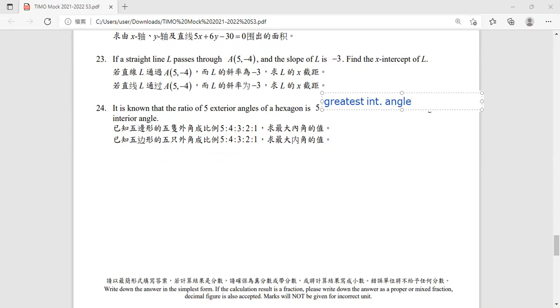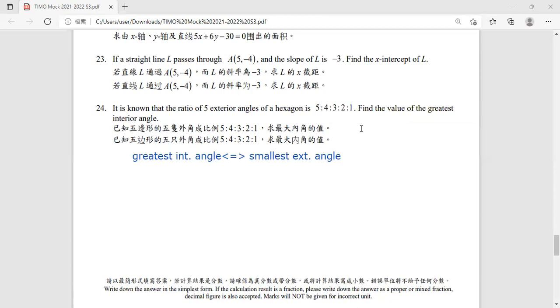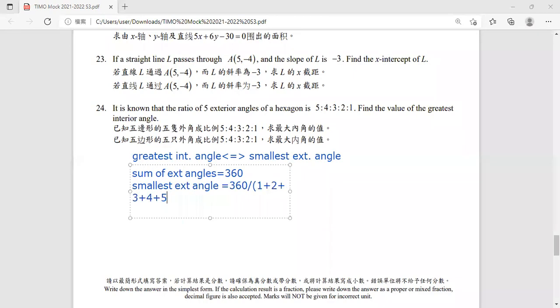So you just divide, because the sum of the exterior angles is 360, so 360 divided by 15 is 24.